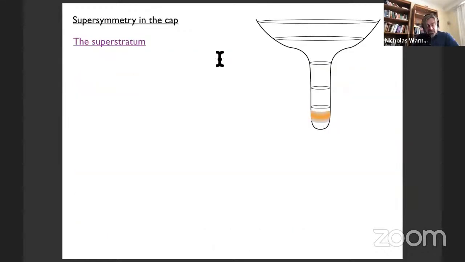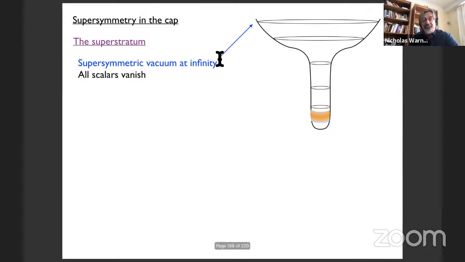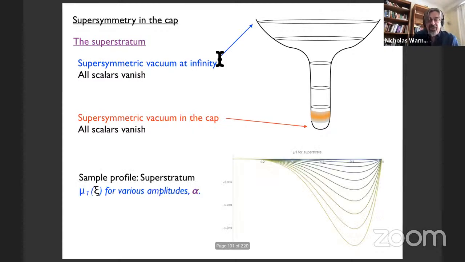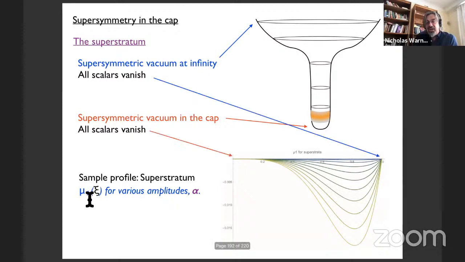So I want to say a last little comment about supersymmetry in the cap. In the superstratum, the scalars all vanish at infinity, and it's a nice supersymmetric AdS vacuum. In the cap, the scalars all vanish, and you get global AdS again. I picked a typical scalar, and you find that it vanishes in the cap, and it vanishes at infinity.